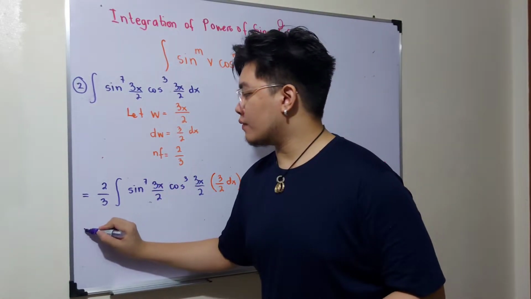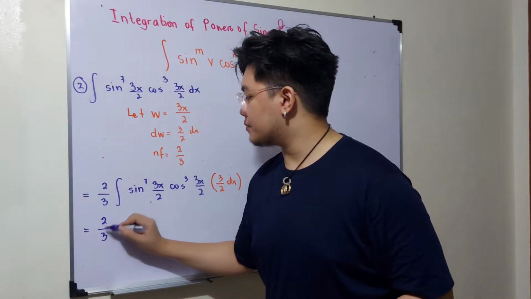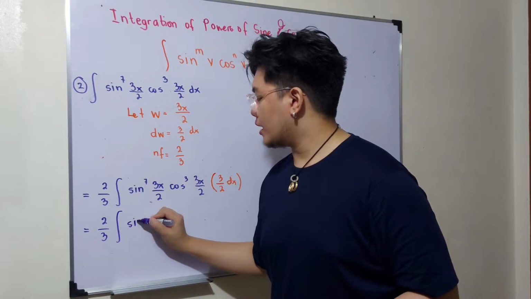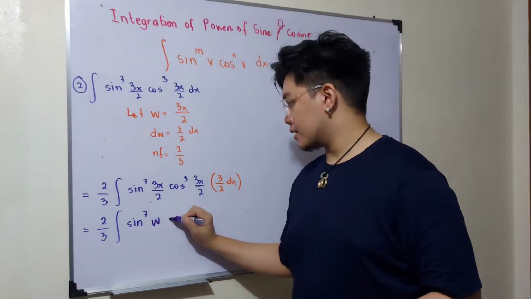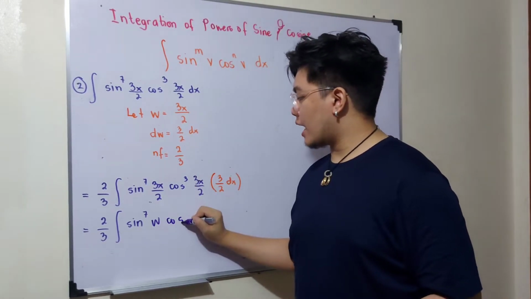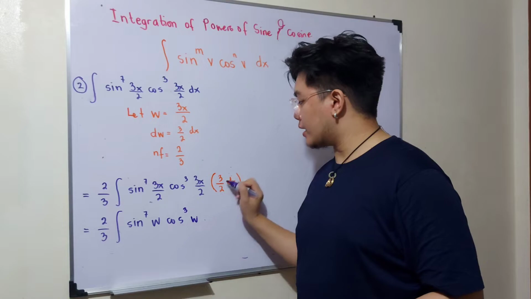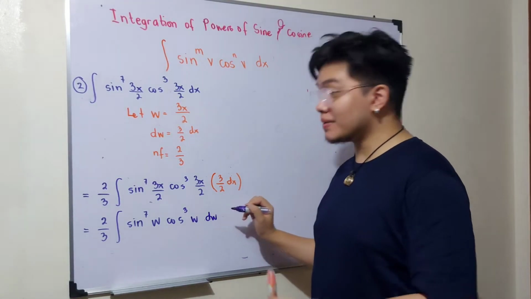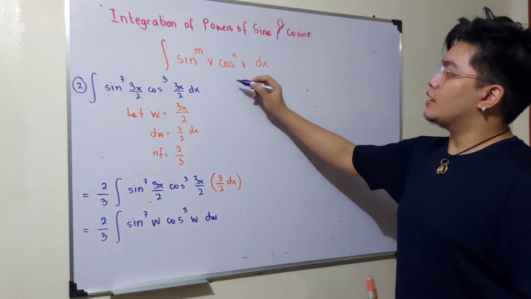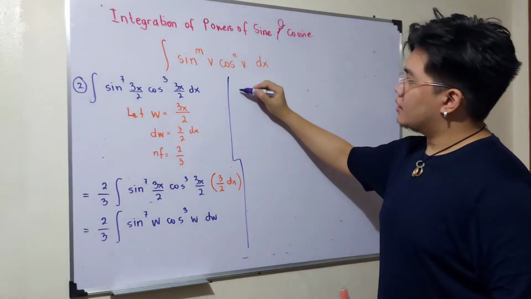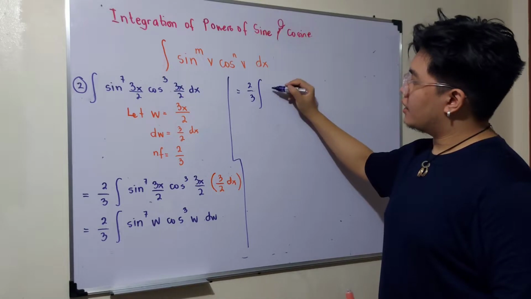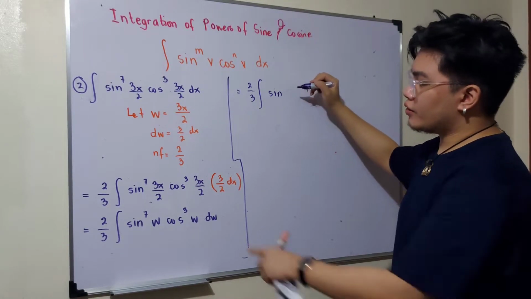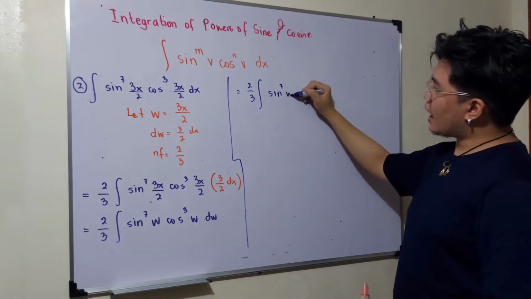So, bali, this one will become equal to 2/3 sine raised to 7 of W, and then cosine cubed of W. And then ito magiging DW na. So, mas madali na lang mag-solve. Okay. So, dito, we have 2/3. So yung sine 7W, hindi natin yan gagalawin.